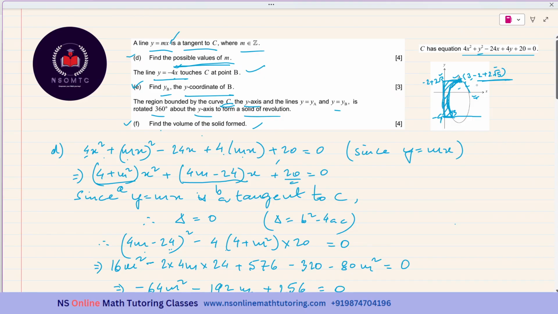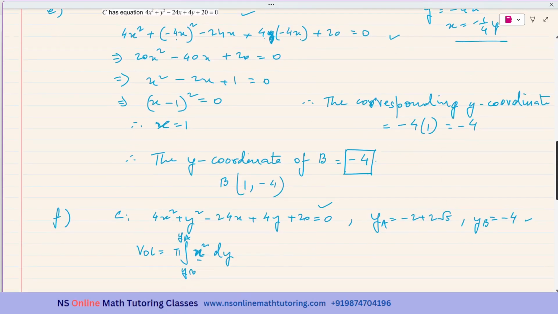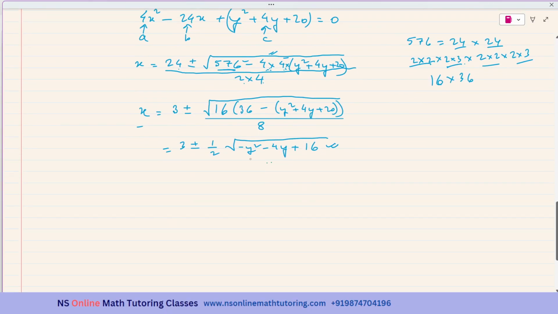This is A, which has the x coordinate 3. For the left-hand side of the curve, the x coordinates will be less than 3, and to the right of point A, the x coordinates will be more than 3. Clear? If I take this point, it will not have the x coordinate 3 plus something, it will have 3 minus something. So therefore, we have to take the minus sign.